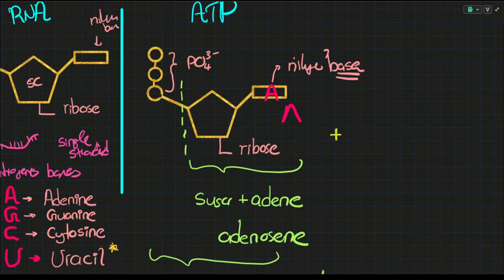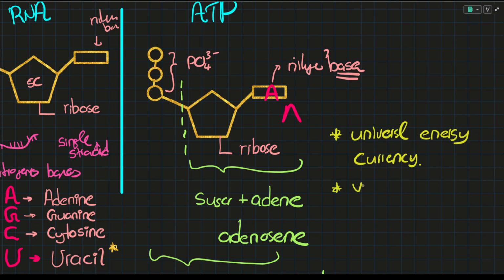Okay? Like I said, this is the universal energy currency. If it's a biological system, there's a very, very highly likely chance that energy is carried in the form of ATP.